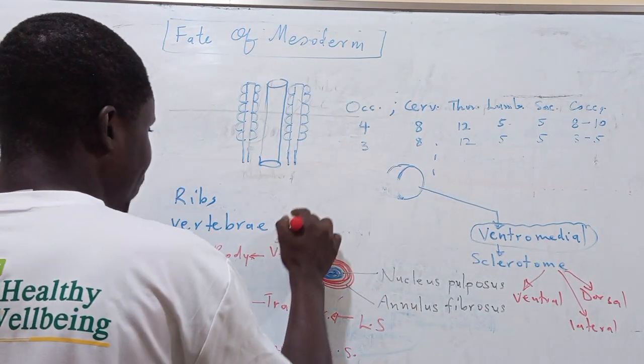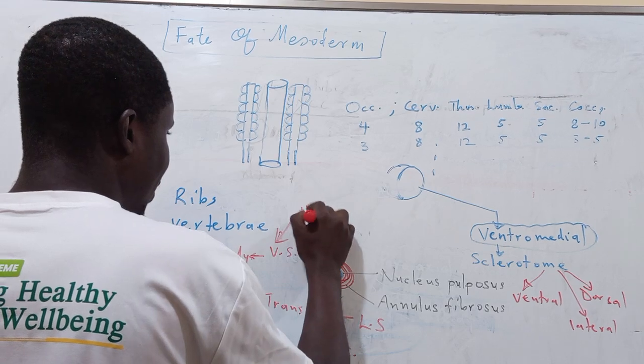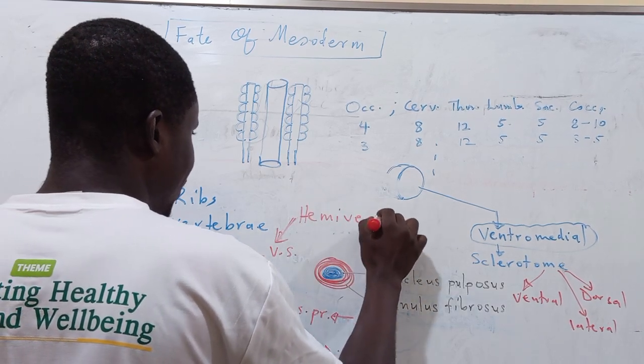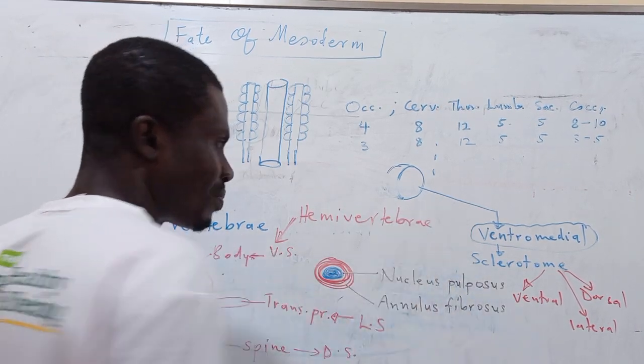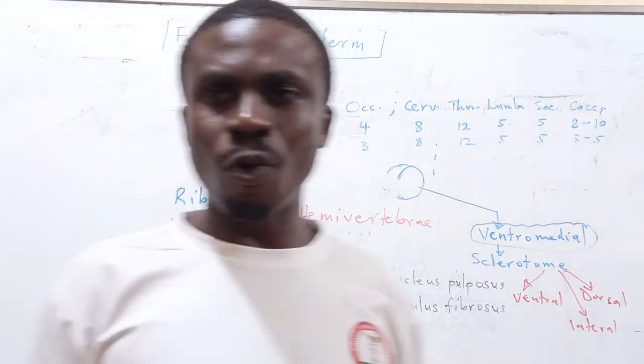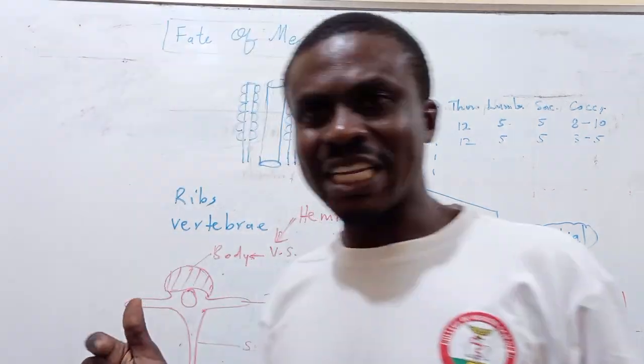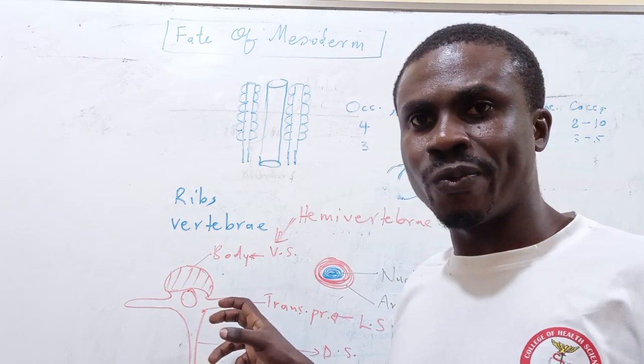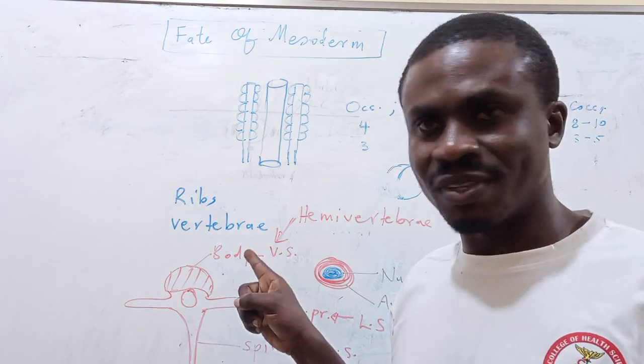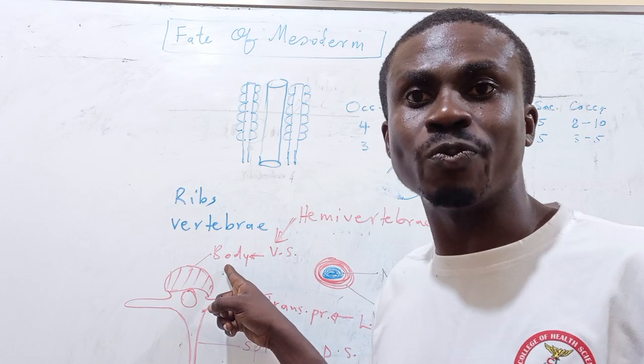Let me put that point over here. Hemivertebrae. My friends, that condition will be as a result of some problem with the role which the ventral sclerotome was supposed to perform. Yes.